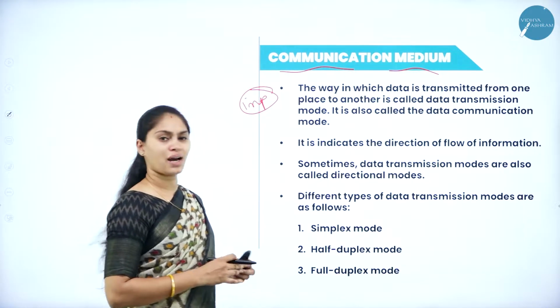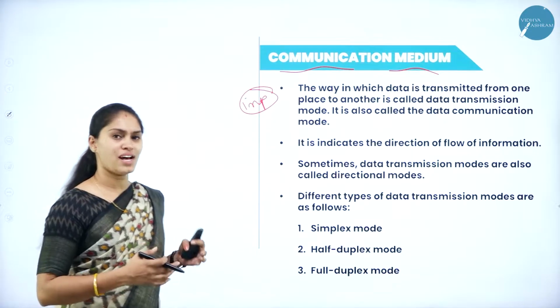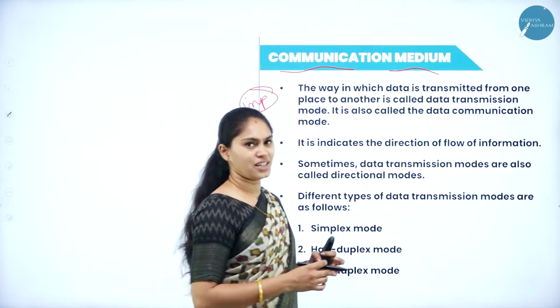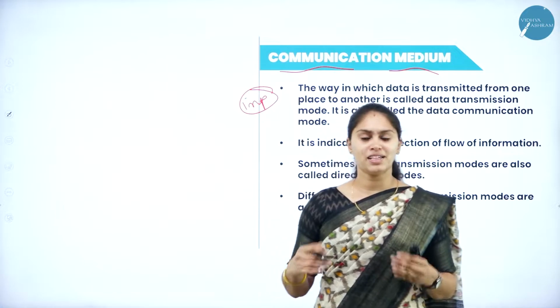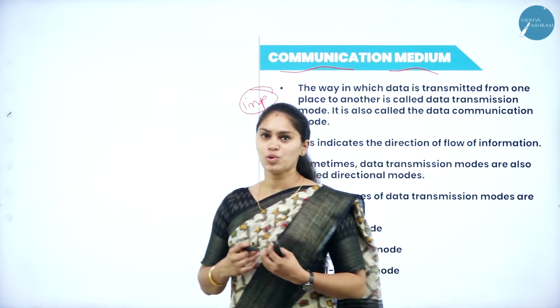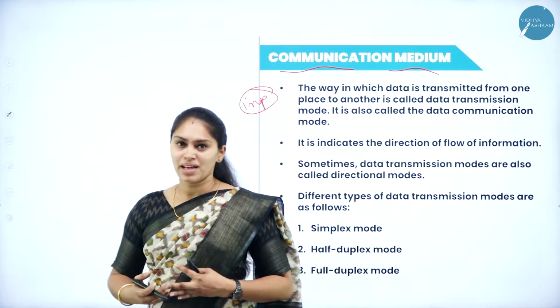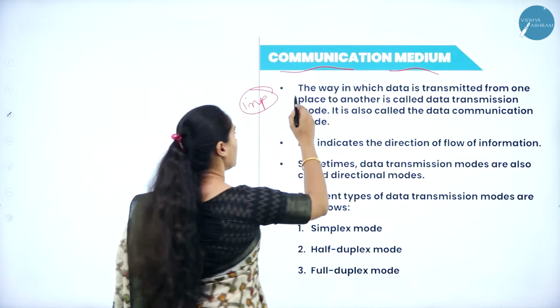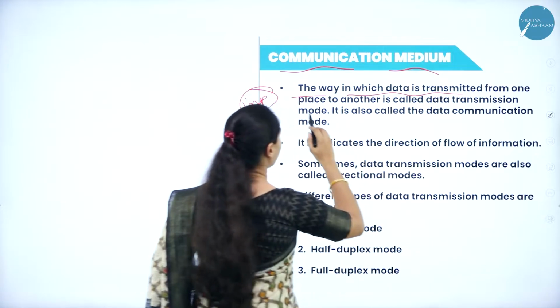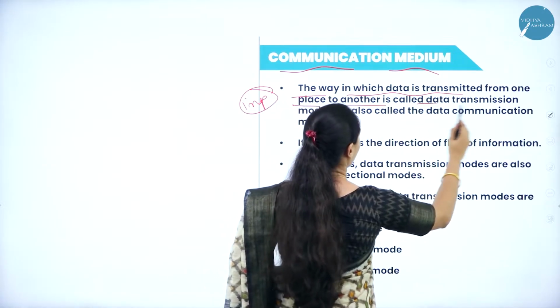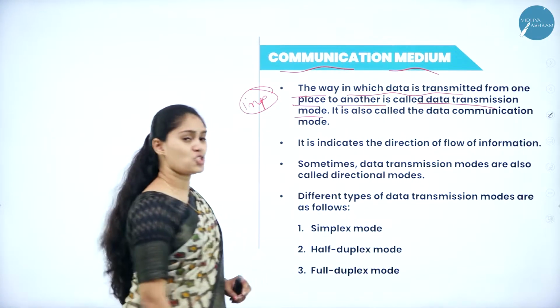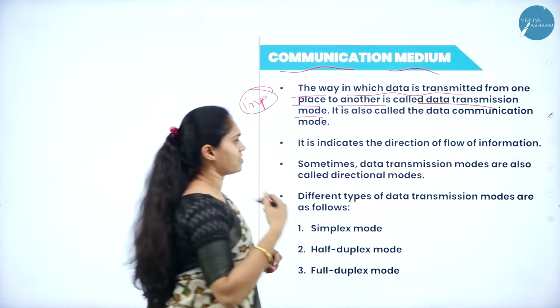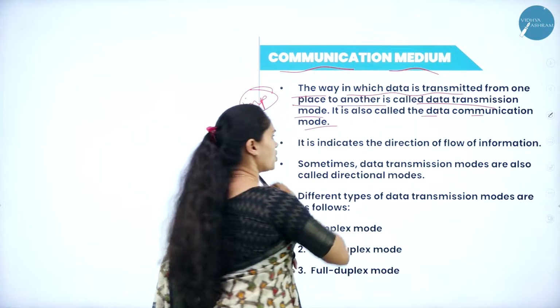Then what do you mean by communication medium or mode here? As we all know, I want to transfer data from one place to another over the network. When we do that, the process is termed what? Communication medium or mode. The way in which data is transmitted from one place to another is considered the data transmission mode, and it is also considered the data communication mode.